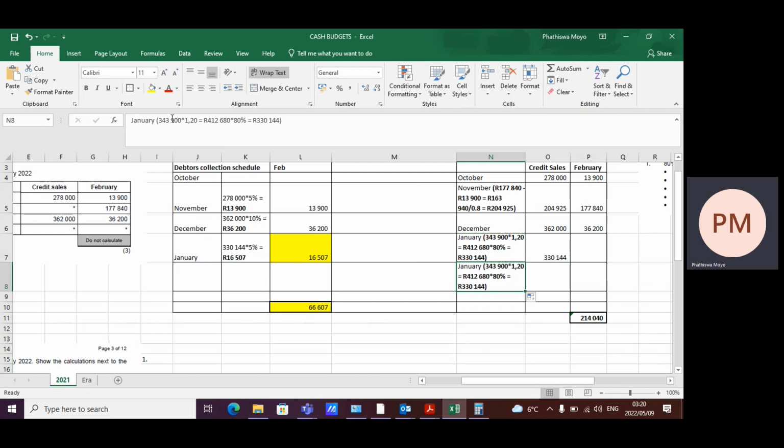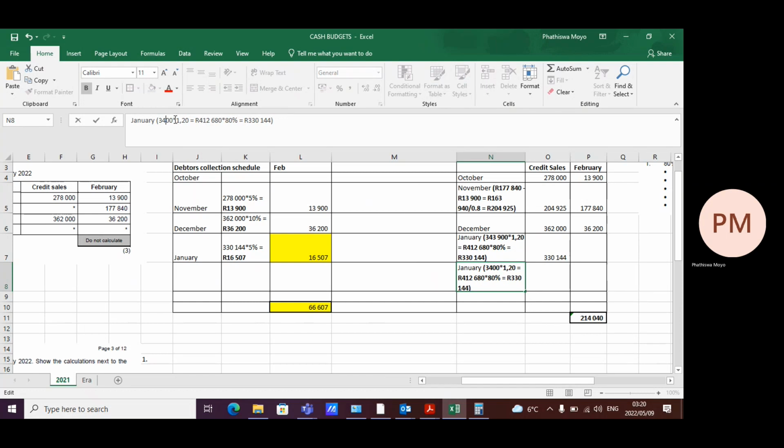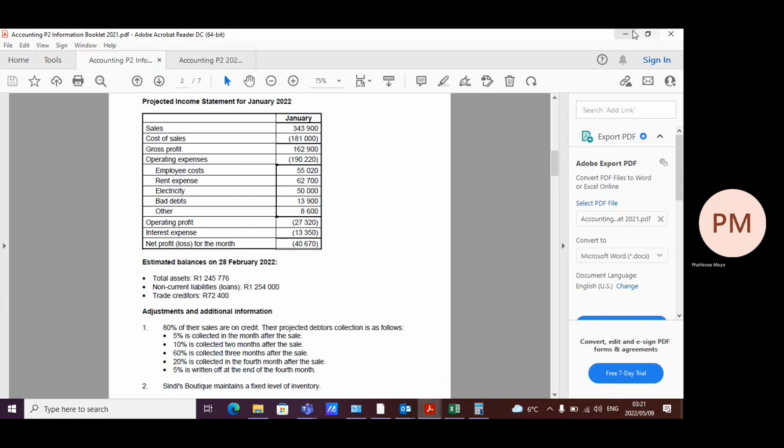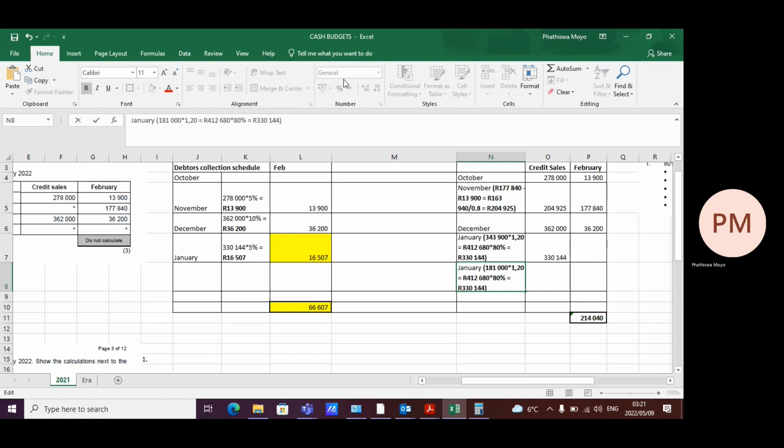It gives me 380,100, 181 times 210 divided by 100.